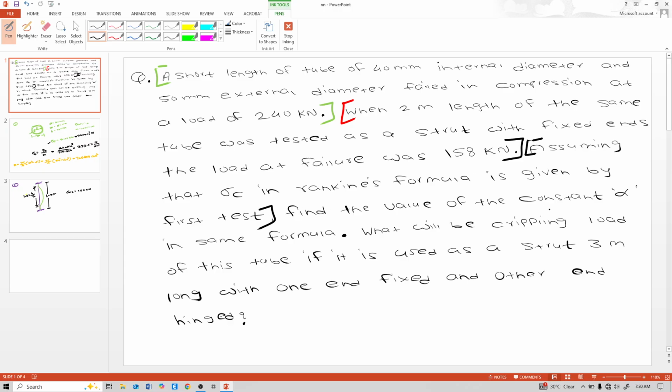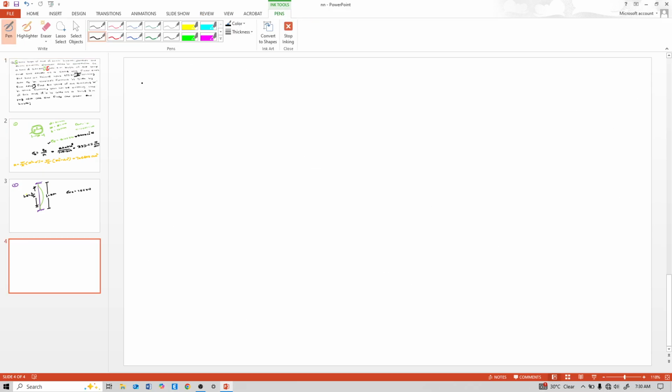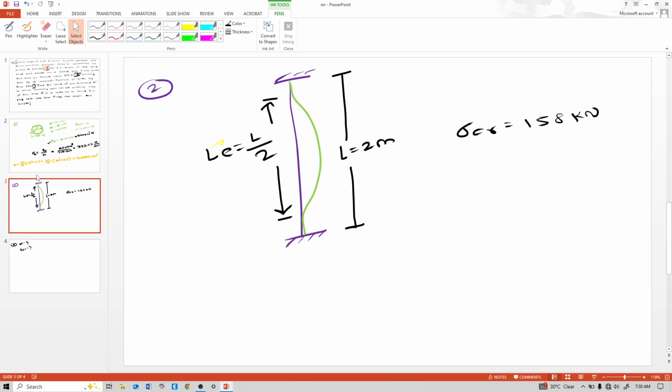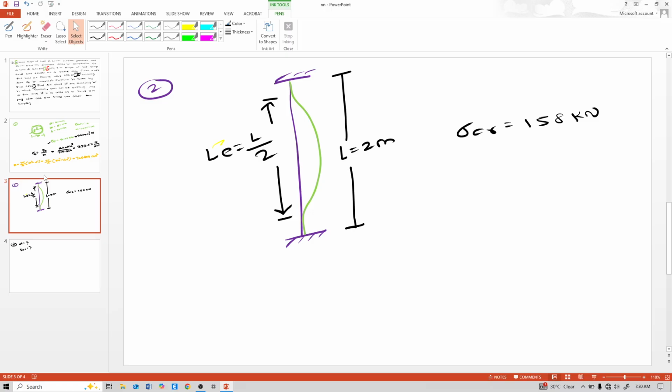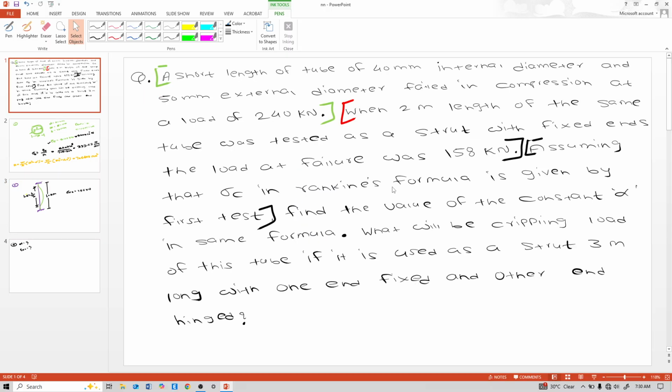Now find the value of the constant alpha. What will be the crippling load of this tube? So find the value alpha. See, this is not stress.